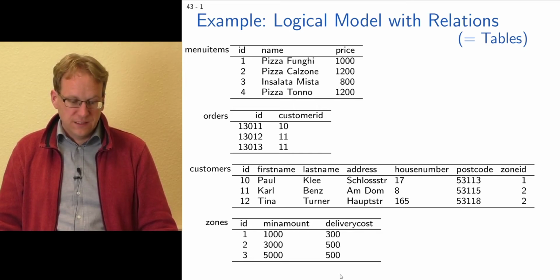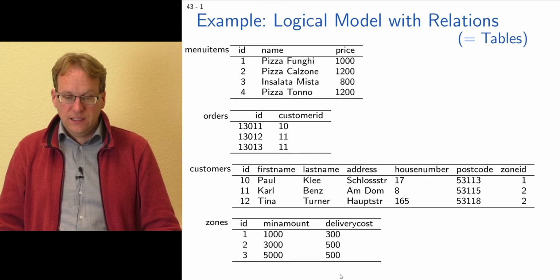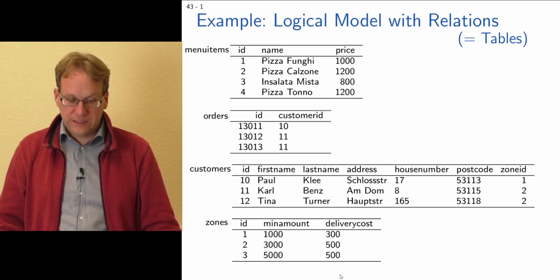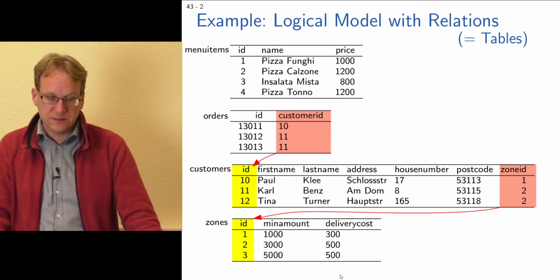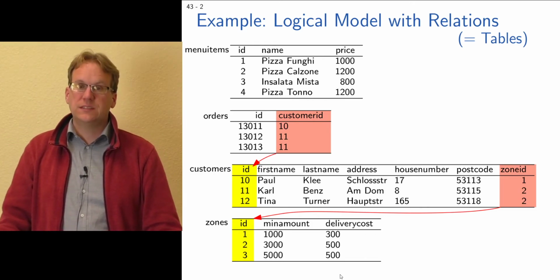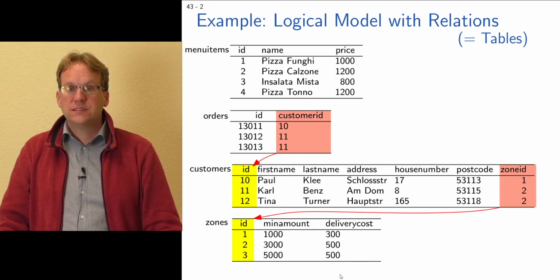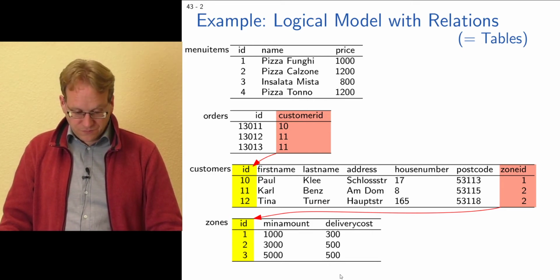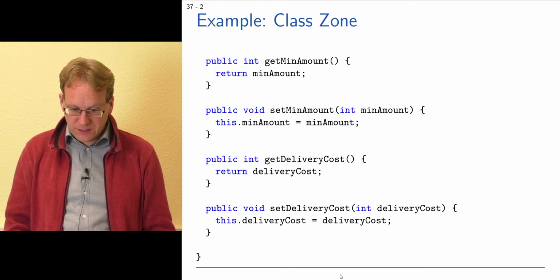And here we have one table per class and one column per attribute. And additionally, we have these columns representing associations. If you think again of our UML diagram, I'm going back in my presentation.